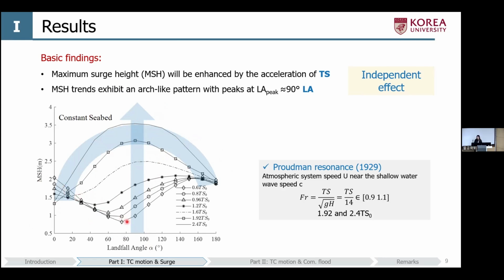But if you look at some scenarios with relatively slow translation speed and small angle, there are different patterns. So we need to know what happened to them.